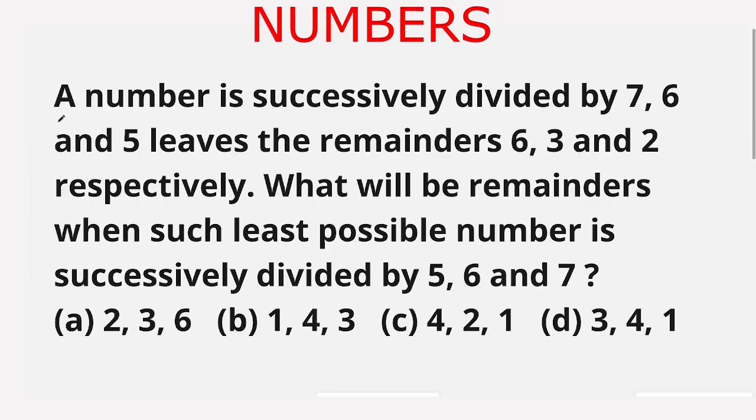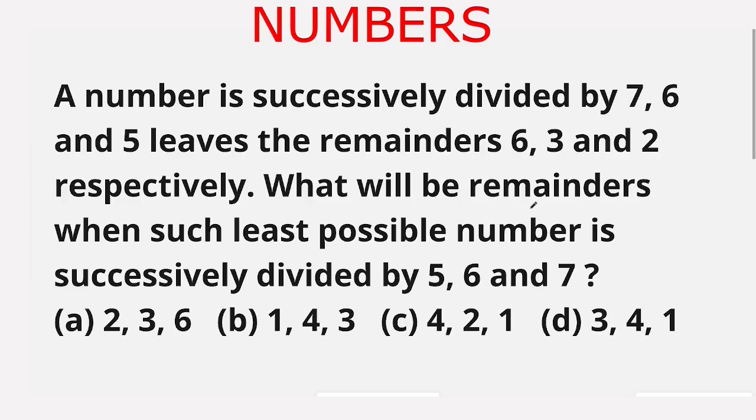Our question is, a number is successively divided by 7, 6 and 5, leaves the remainders 6, 3 and 2 respectively.